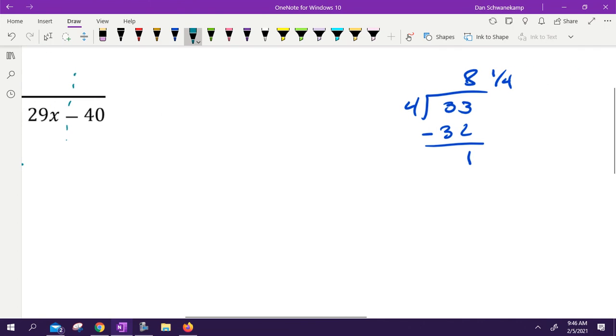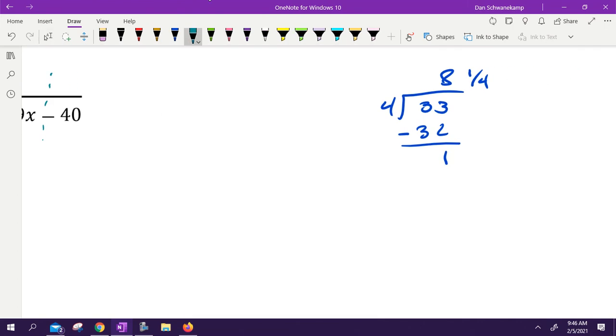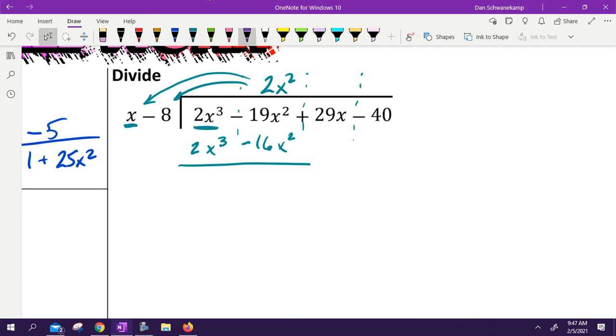What did we have to do over here after I multiplied 8 times 4 to get 32? We have to subtract. Okay, so for this polynomial, that means I need to change my signs, because if it was minus, it's going to go positive. I'm subtracting both things. The 2x cubes are going to cancel. Negative 19x squared plus 16x squared is negative 3x squared.